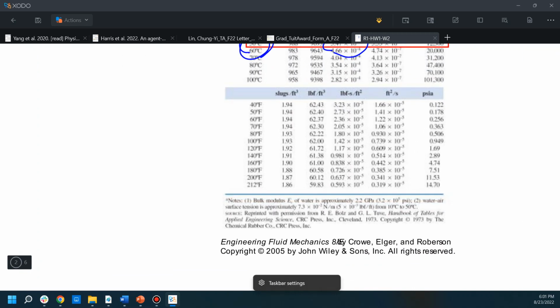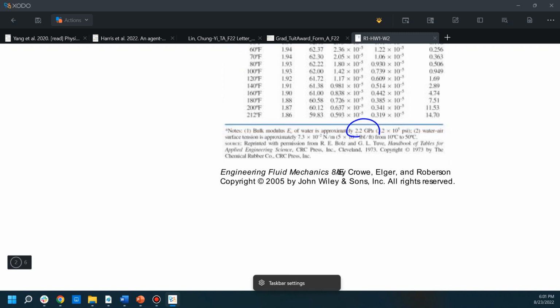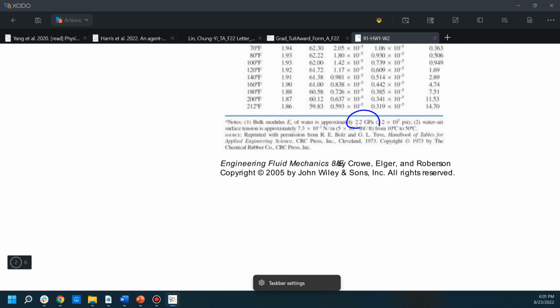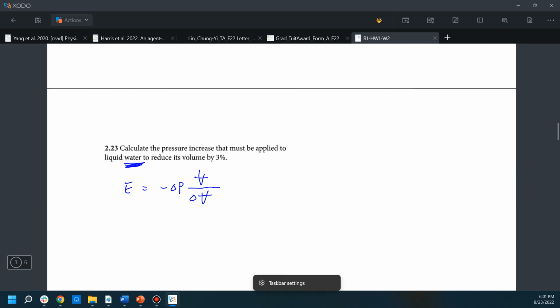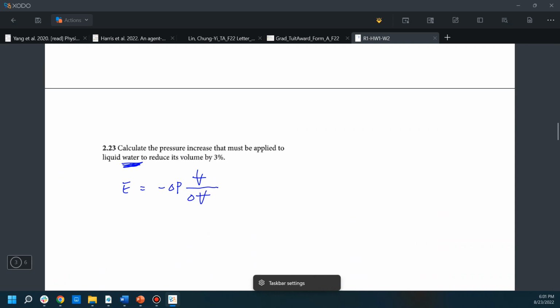So here is 2.2 GPa, and let me copy that constant here. The elasticity for the water is equal to 2.2 GPa, which is 10 to the power of 9 Pa.